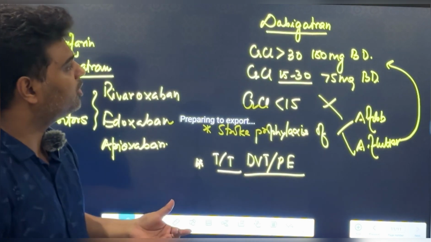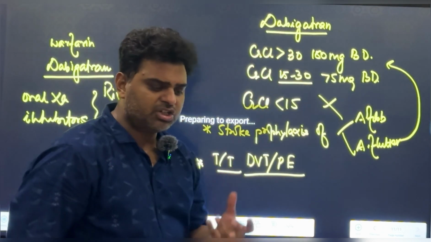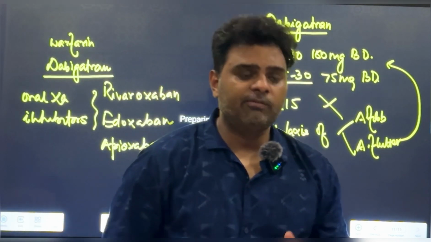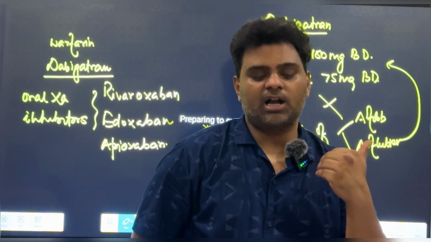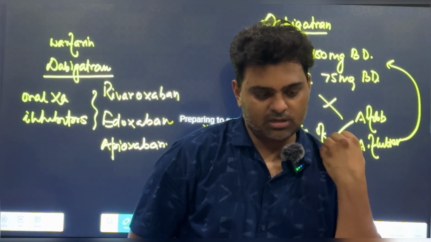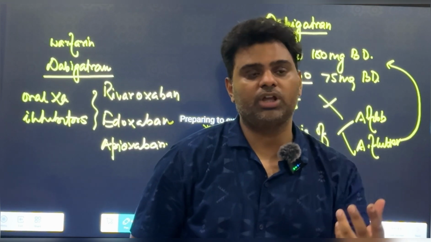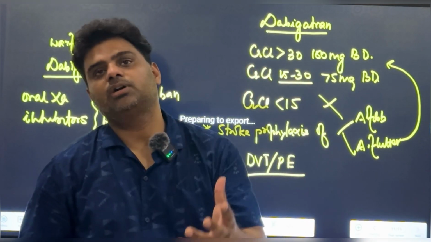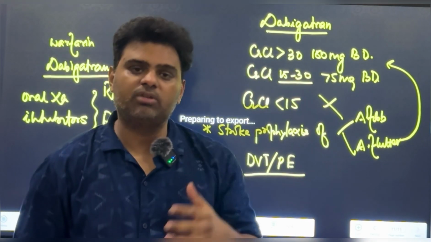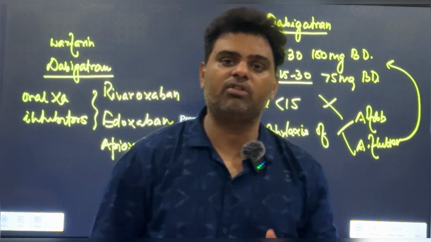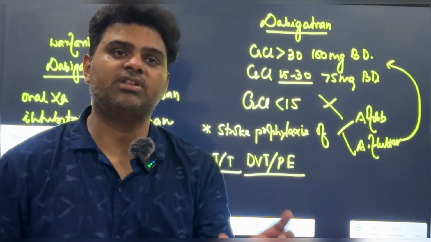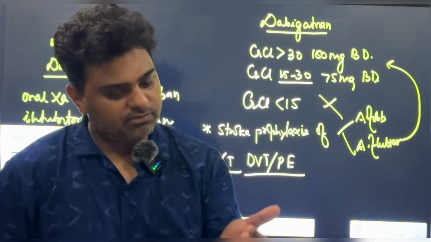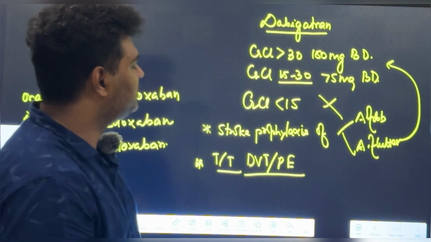Bridge therapy is given with those drugs which take time to act. Their effect doesn't come within 1 or 2 days. So we start heparin, and in those 5 days when the effect of those drugs comes, we stop the heparin.